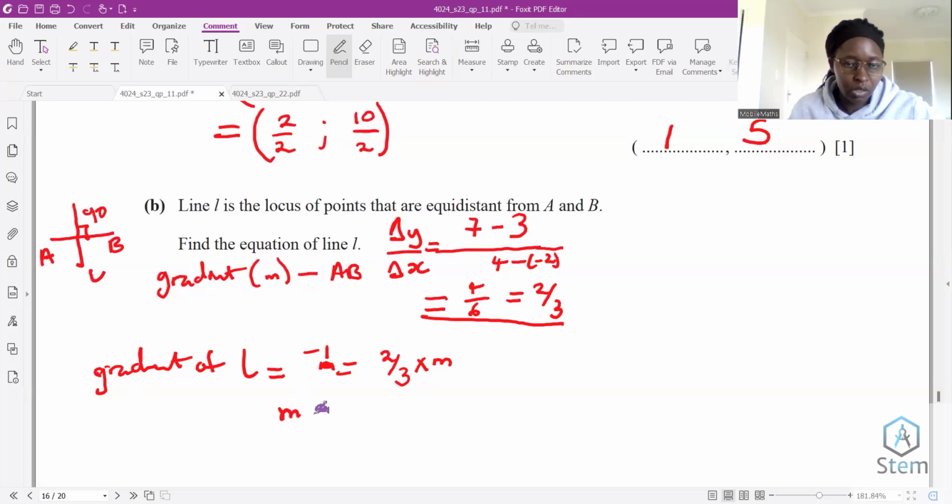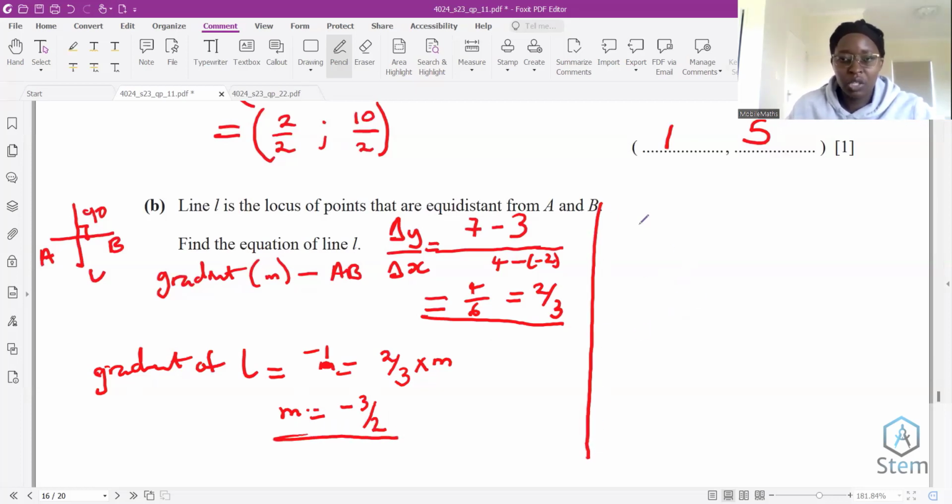So our M is equal to minus 3 over 2. Okay, that's the gradient of L. Now to get its equation, we know Y is equal to mx plus c.